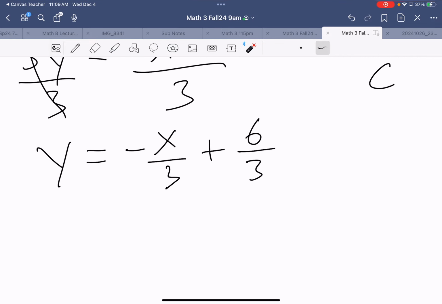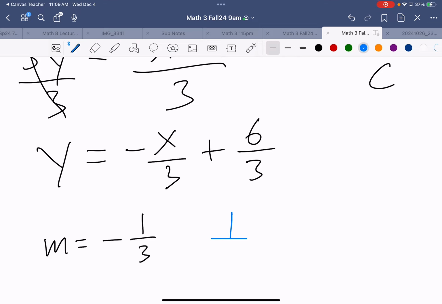So here, it's tricky because I only see it's dividing by 3. But technically, there's this negative 1 there as well. So my slope from this line is negative 1/3. But I want to be perpendicular to this line. So this is the symbol for being perpendicular.